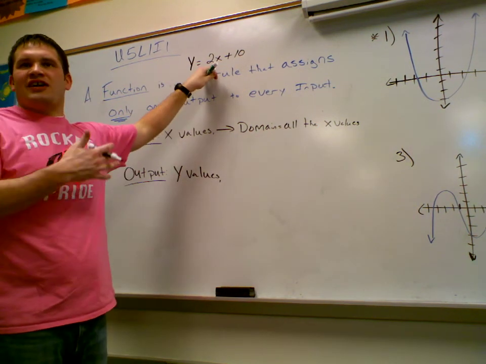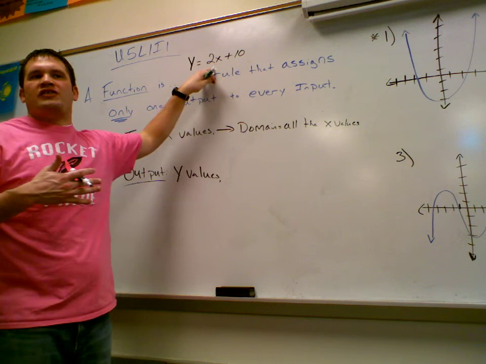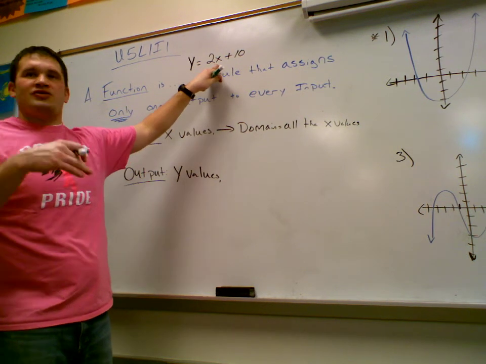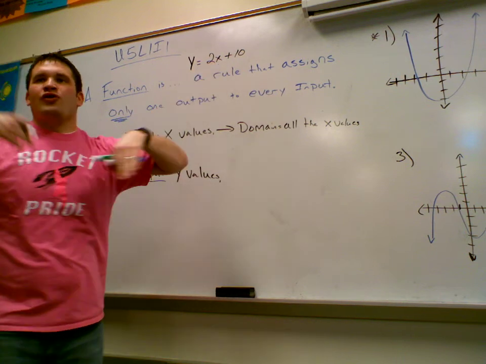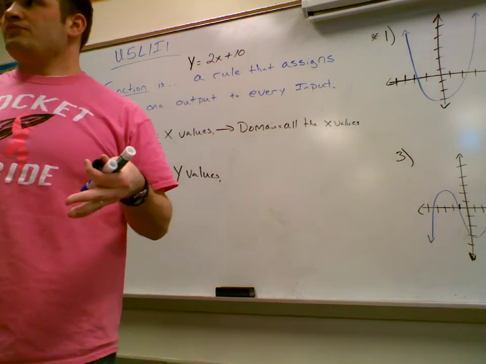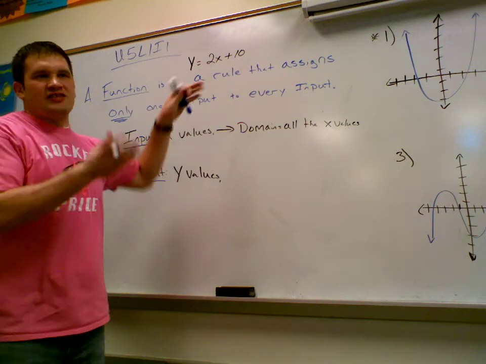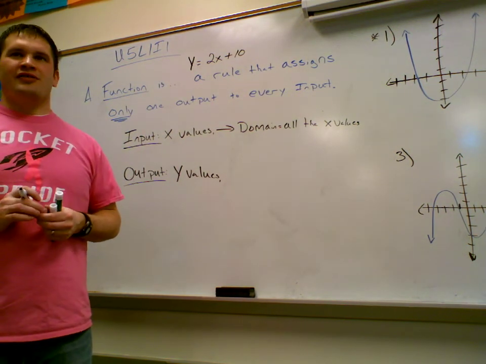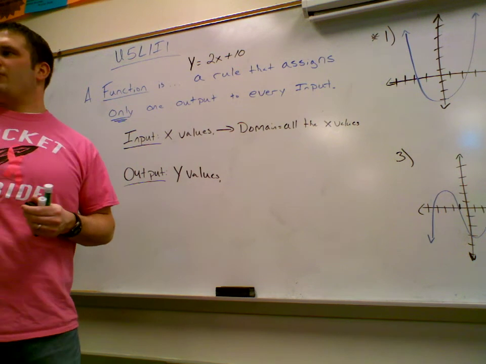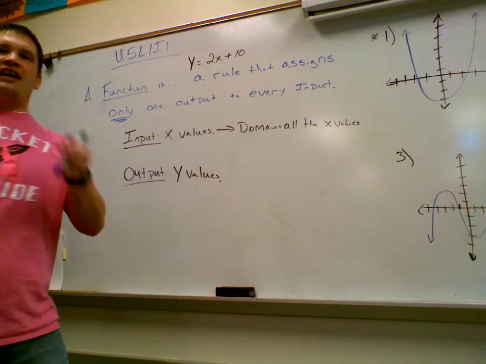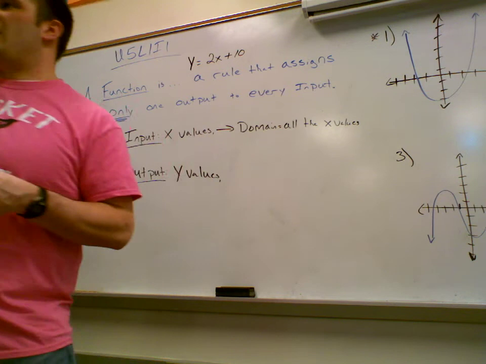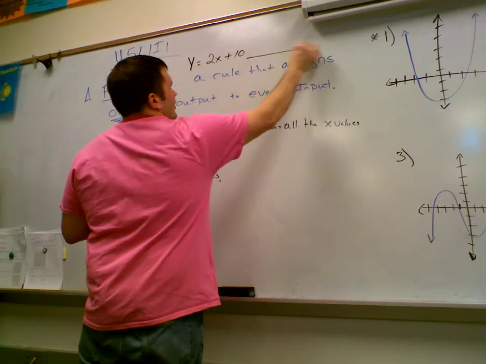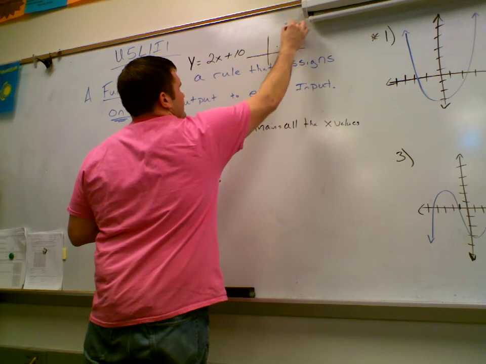Because if I asked you guys to graph this line, you'd probably give me whole number values. You'd probably put in 1 for x, and you get 12 for y. You might put in 2 for x, and you get 14 for y. Those are whole numbers, right? If I graph this line, would it go through decimal points? It'd be a straight line, never ending, right? It wouldn't just be a bunch of dots. If it only went through whole numbers, it'd just be a bunch of dots. But this line, if I were to graph it, wouldn't look like this.